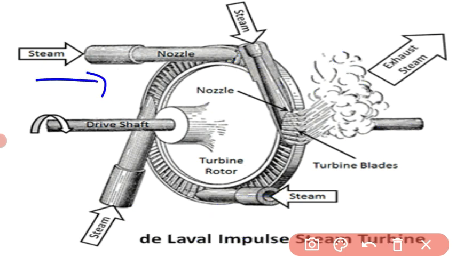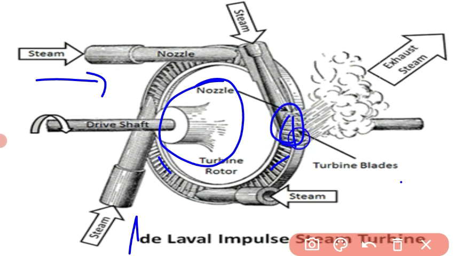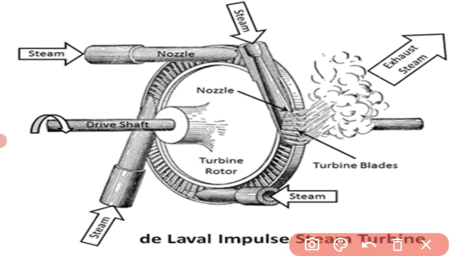So steam enters the turbine rotor, and these are the blades inside. Here it is not marked, here it is, turbine blades. It will be developing mechanical power.